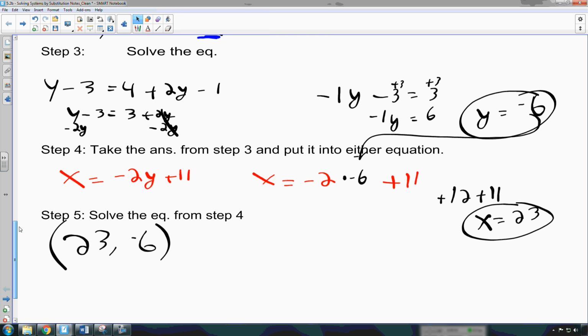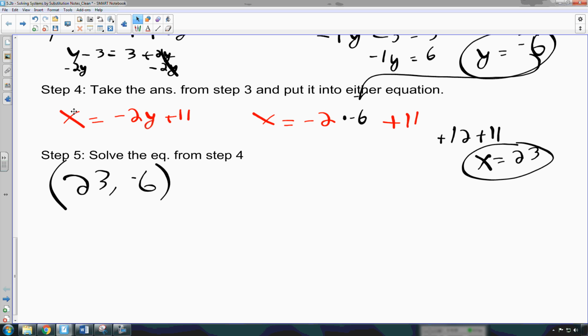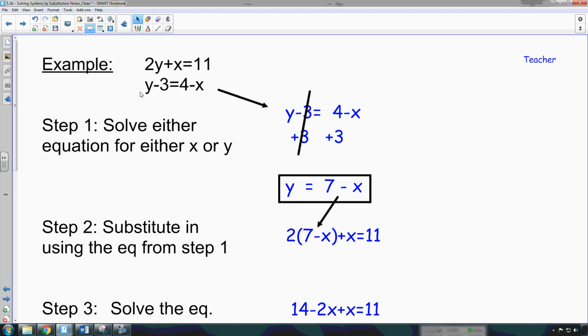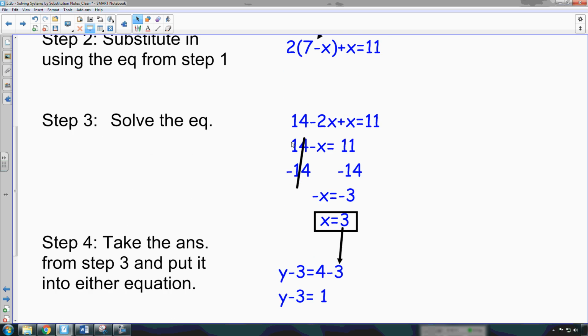We know that's right because we can plug it back in, or we would know it's right if we plugged it back in. That's kind of where we're at. So if you need to pause and just copy this down, I just want to flip ahead for a second and show this example going through it really clearly right here.